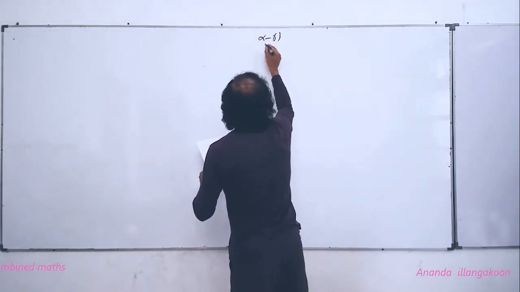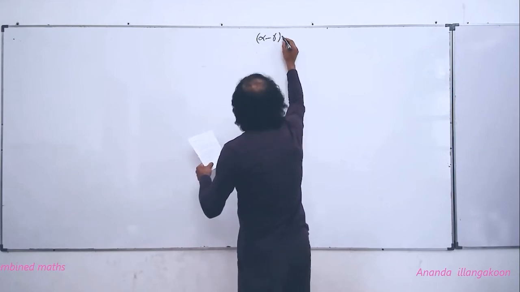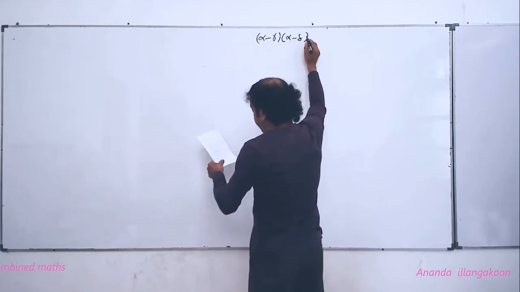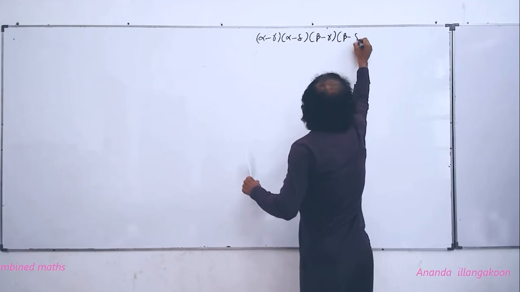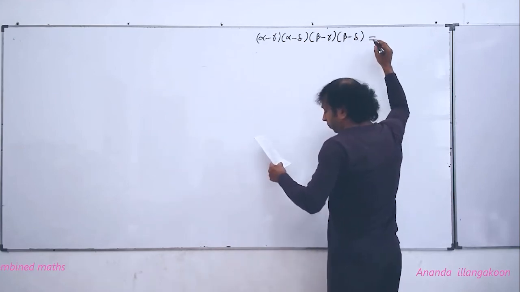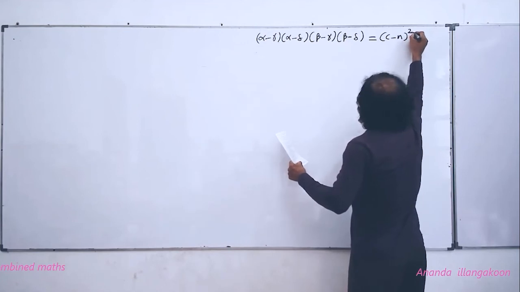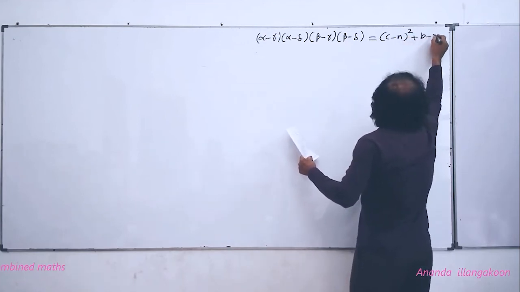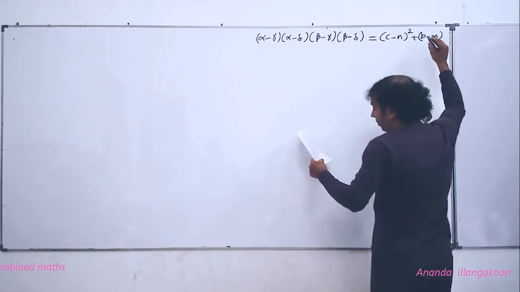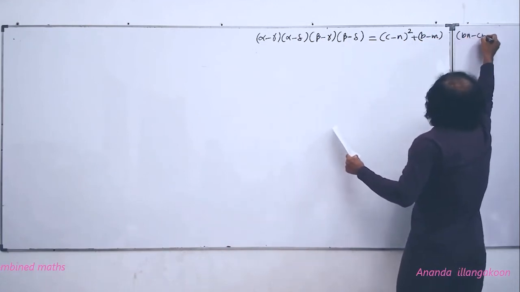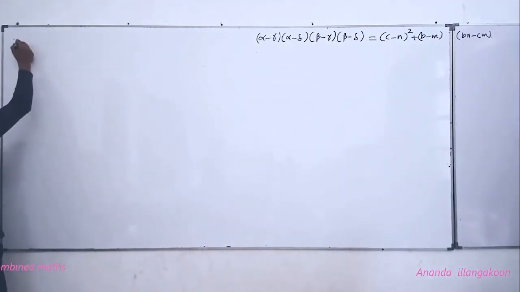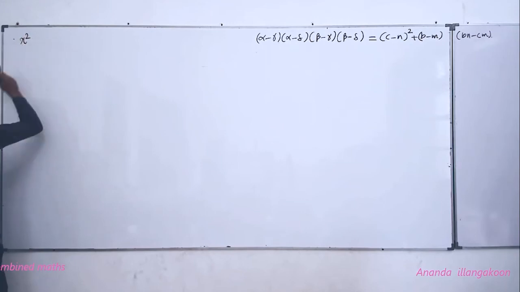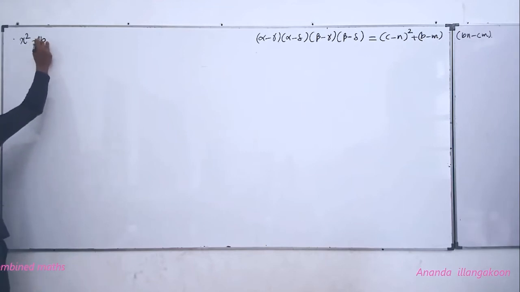Alpha minus gamma, alpha minus delta, beta minus gamma, beta minus delta is equal to c minus n perfect squared plus b minus m, bn minus cm. This one we just now proved, right? Okay. Now, people, I'm going to the very first statement given in the question: x squared plus bx plus c.